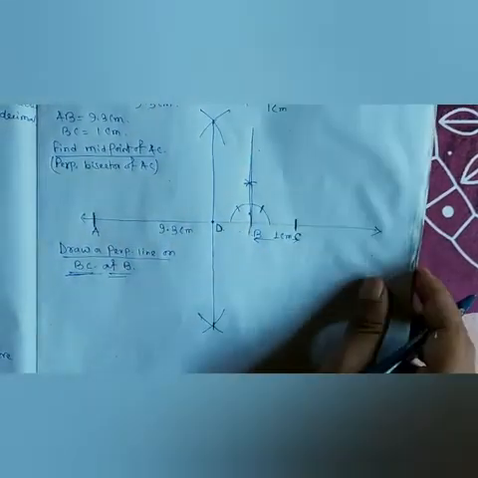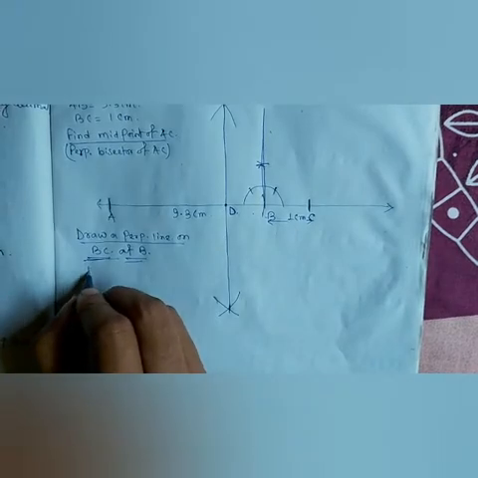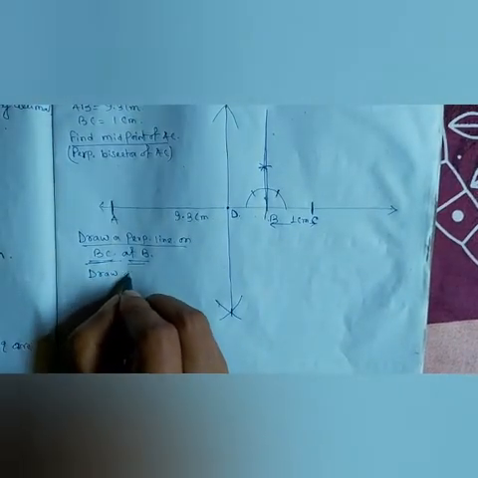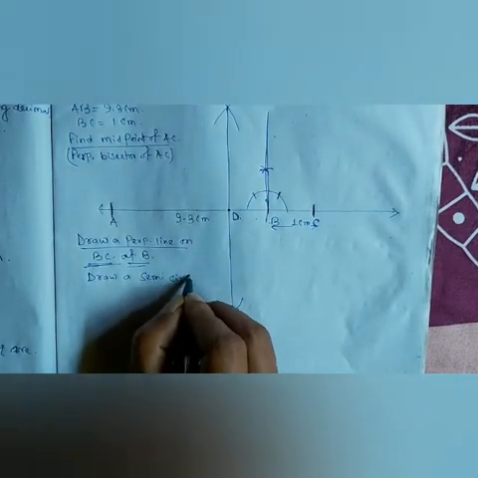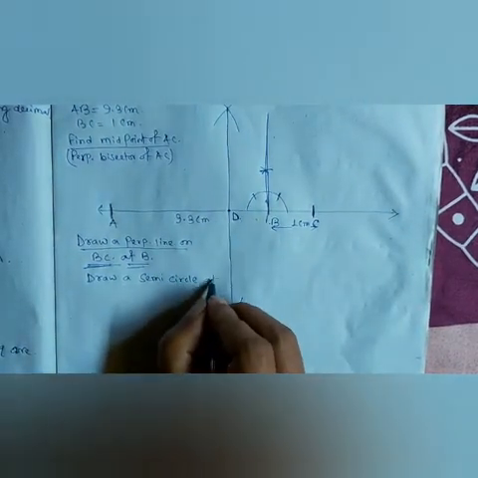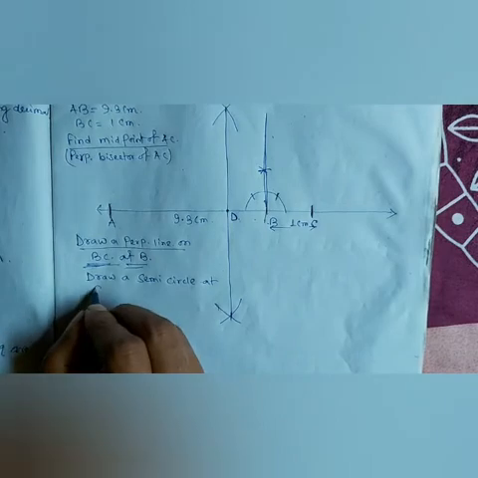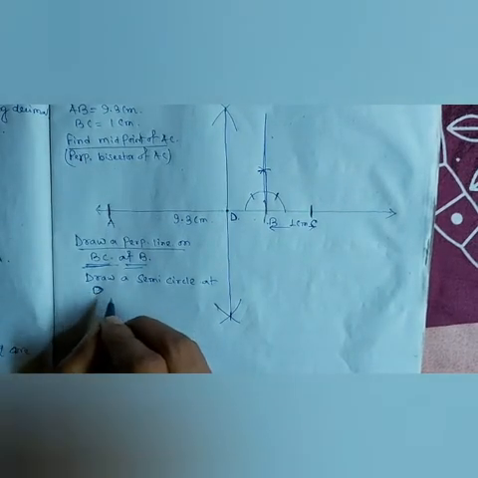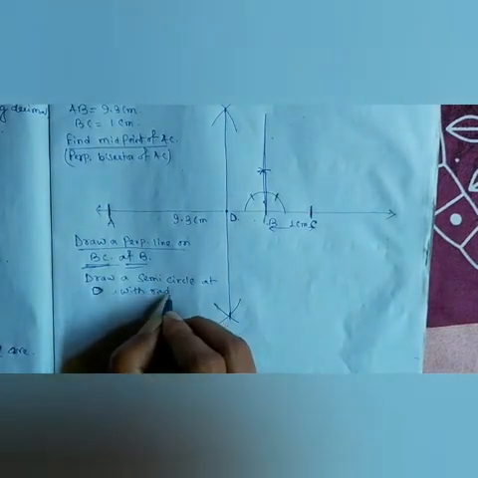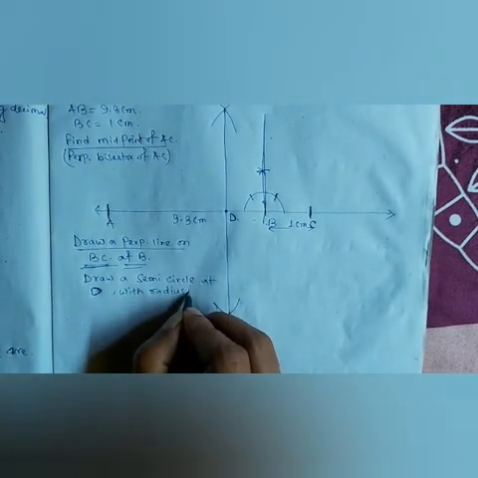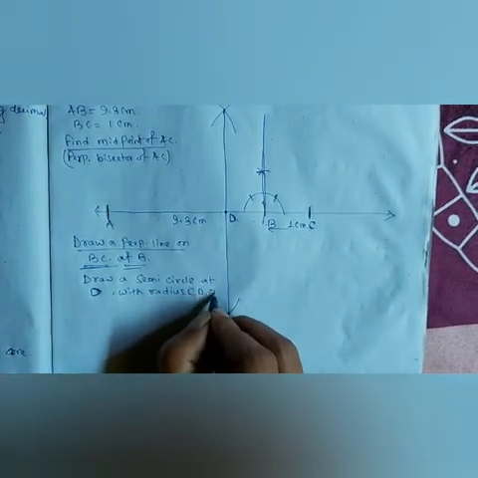And last one is draw a semicircle at D with radius CD or AD.